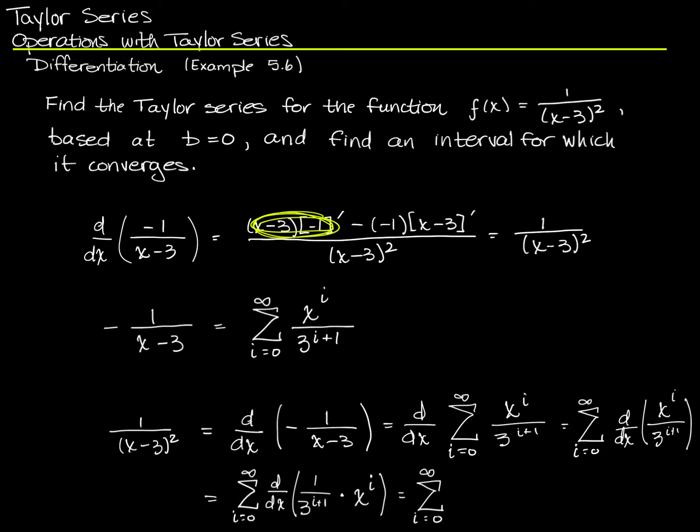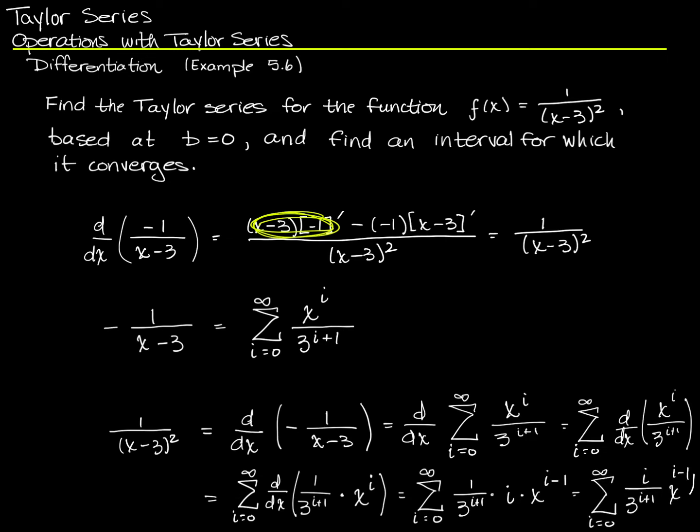The first is 1 over 3 to the i plus 1 times the derivative of the second, which is x to the power of i. The derivative of that is i times x to the power of i minus 1. And that's how we take derivatives. And then I can rewrite this as, it looks like I have i over 3 to the i plus 1 times x to the i minus 1.